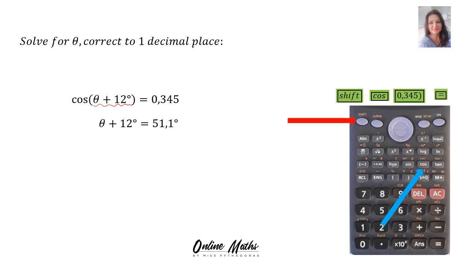Now your equation consists of angles right through. And it's here where the 12 will walk across and it becomes negative 12. And you can say theta is 51,1 degrees minus 12 degrees, and your answer, theta is 39,1 degrees.